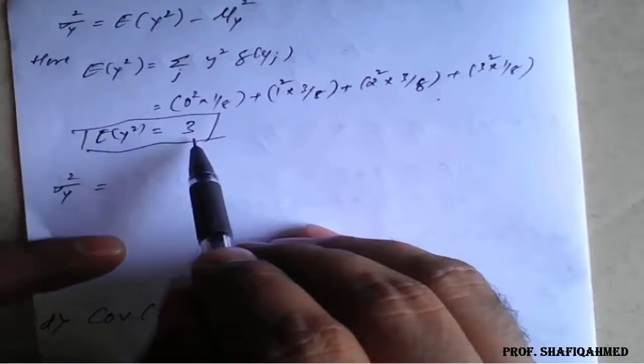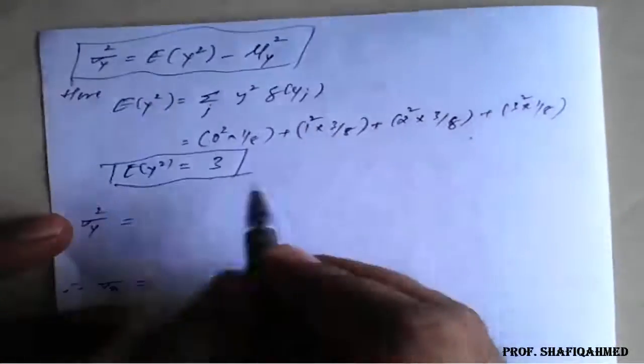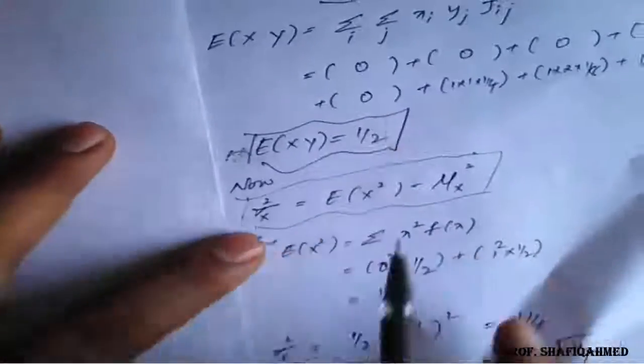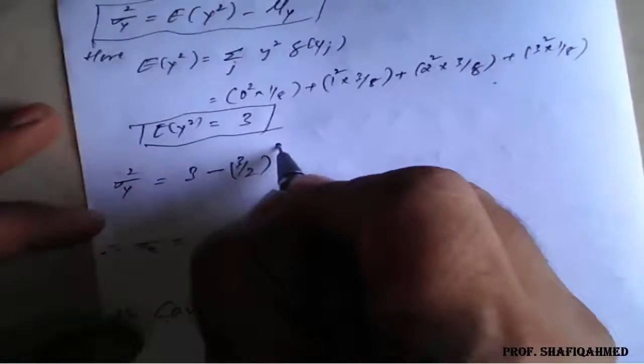The resultant you will get is 3. Therefore we apply the values here: the expectation of y square is 3 minus mu y, and we got mu y as 3 by 2, which we have to square, that is 3 by 2 whole square.